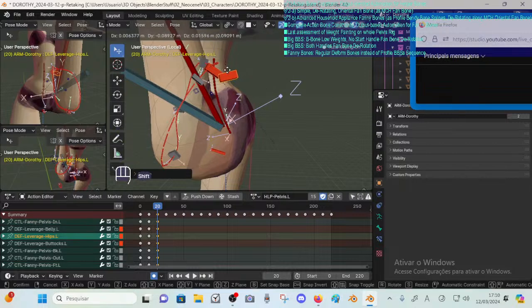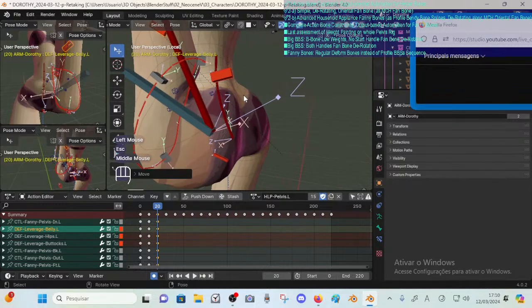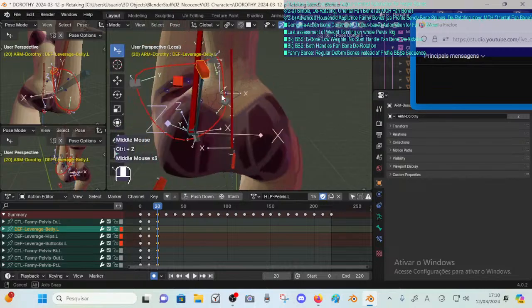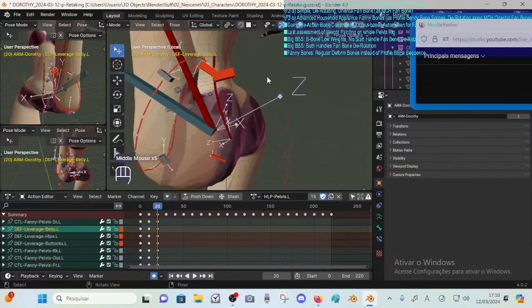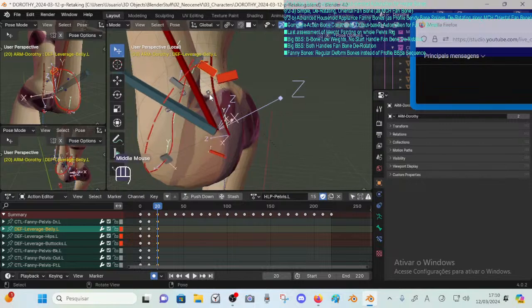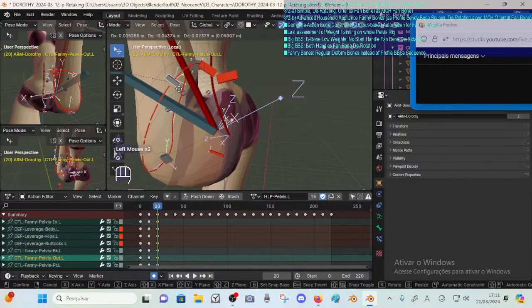Remove this, more up. I have some strange thing there. Oh, this happened with shift. Whenever I shift, it gets a bit complicated to use here.